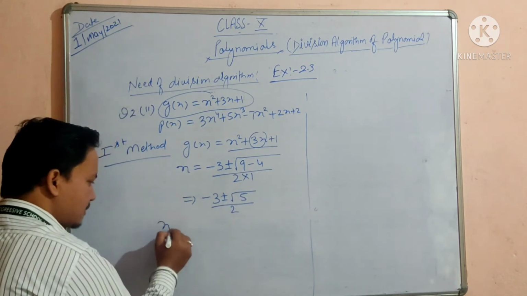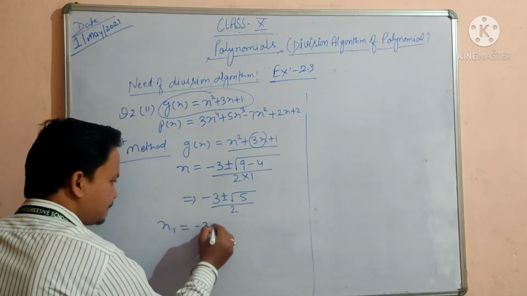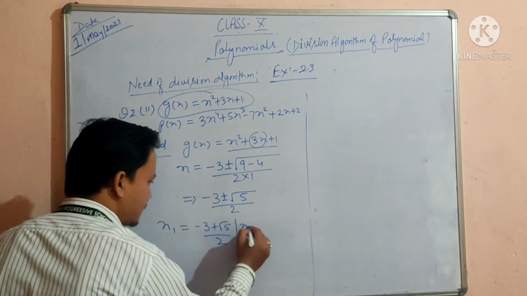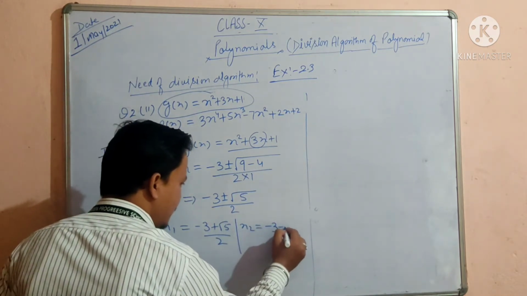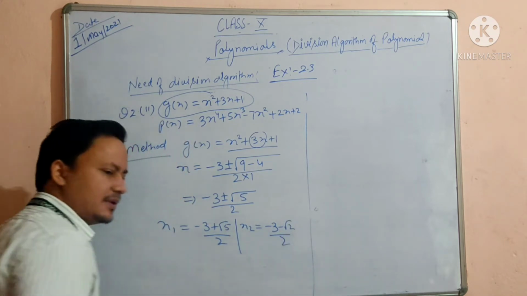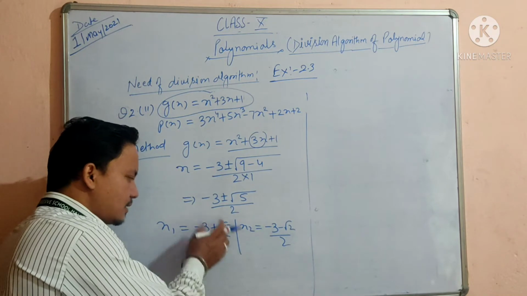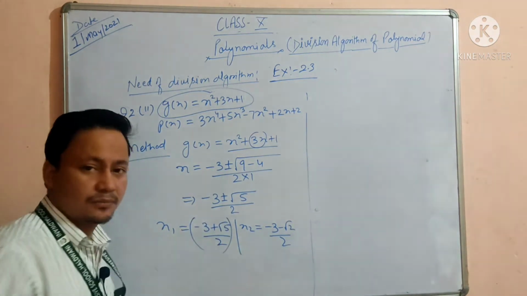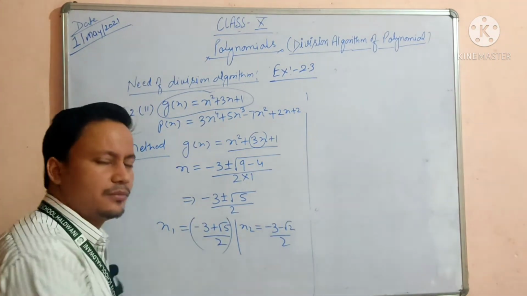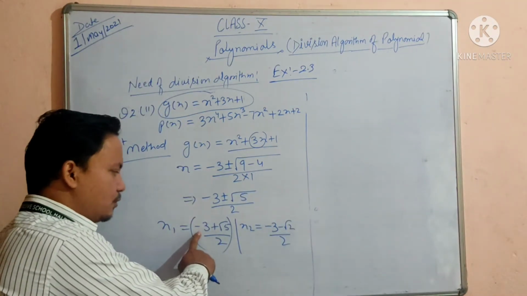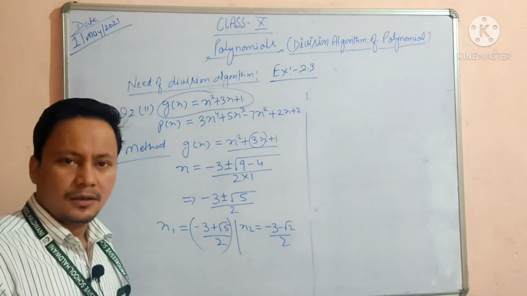So the first factor is minus 3 plus root 5 upon 2, and the second is minus 3 minus root 5 upon 2. It will be a little complicated for you because this is not a whole number. Here we have one whole number and another is an irrational number.